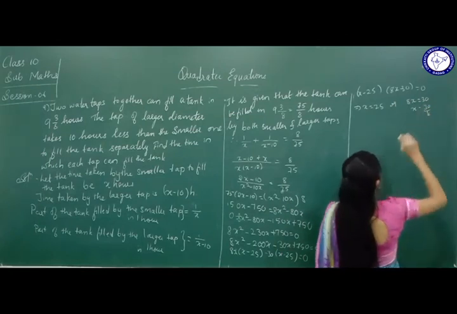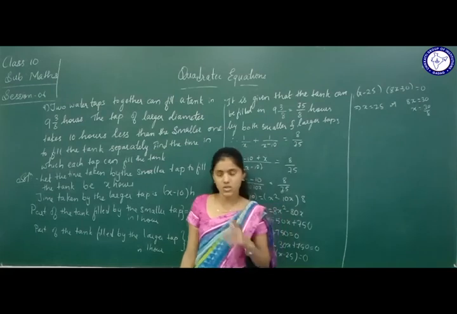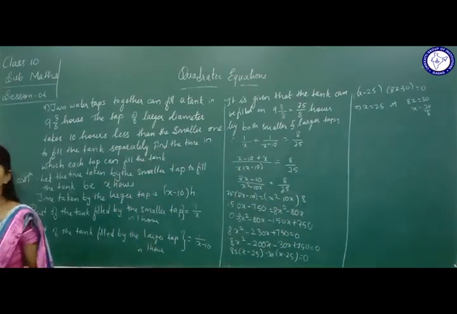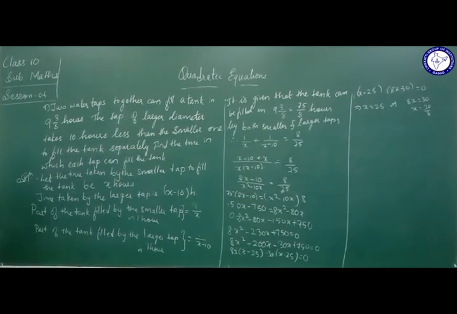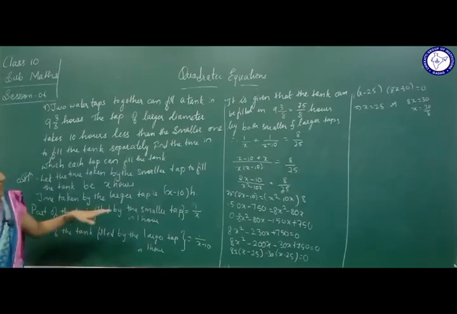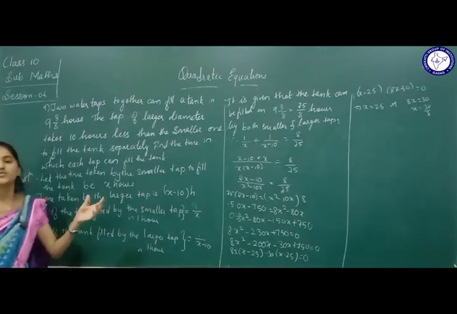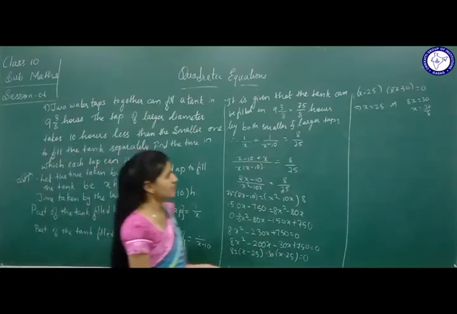See, the time taken cannot be 30 by 8, okay? The time taken by the smaller tap to fill the tank cannot be equal to 30 by 8, because in this case the time taken by the larger pipe, it is x minus 10, 30 by 8 minus 10, is going to be a negative number.